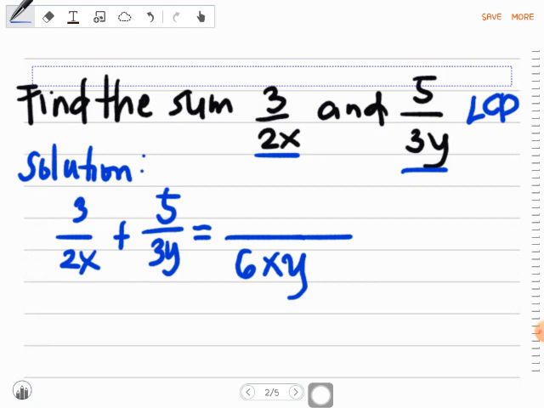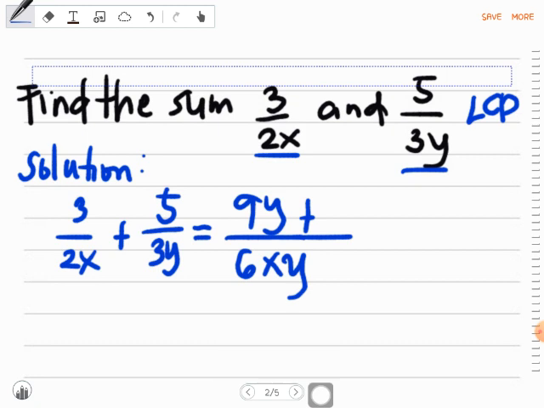After that, 6xy divided by 2x. 6 divided by 2 is 3. 3 times 3 is 9. xy divide x, makakancel yung x, so matitira na lang is y. So, i-add mo siya kay 9y. Plus 6xy, divide mo siya kay 3y.